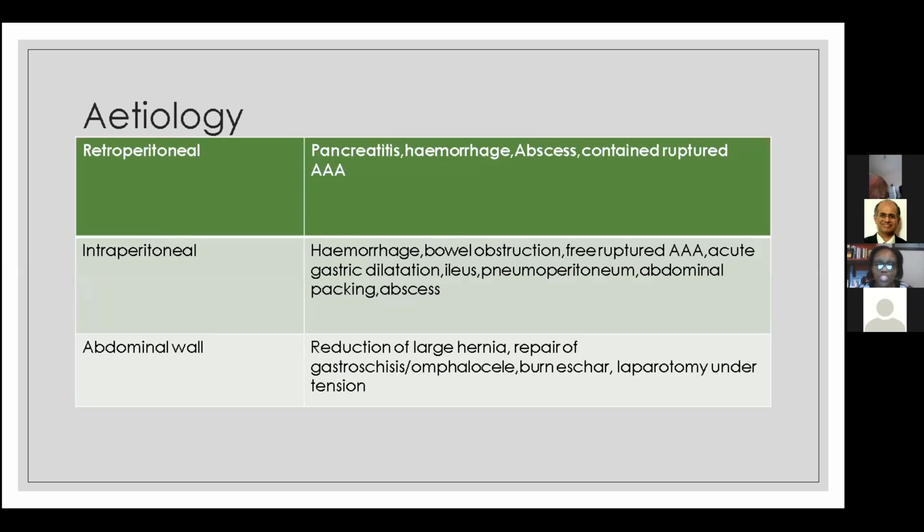The most important with the retroperitoneal is pancreatitis, as well as hemorrhage. Then the abdominal wall is also important for us, because that's where you have repair of gastroschisis and omphalocele, the congenital abdominal wall defects that we deal with, as well as patients with burns, where they might have eschar forming, causing an abdominal compartment syndrome.